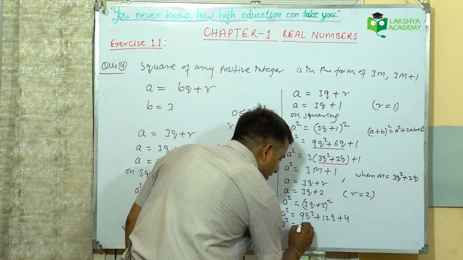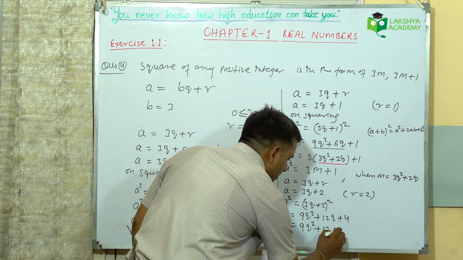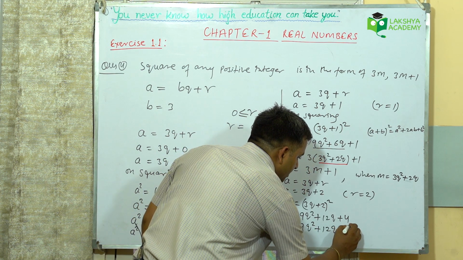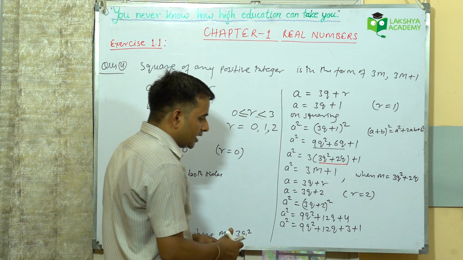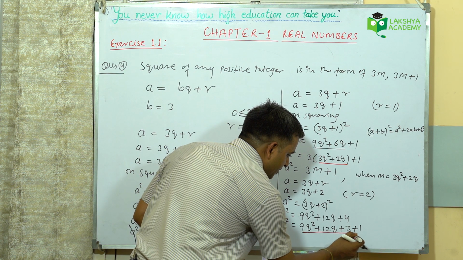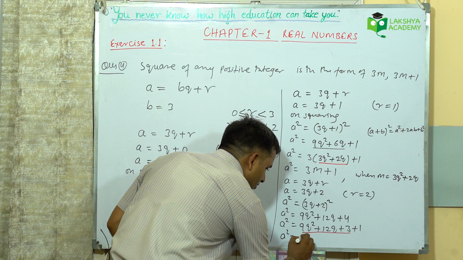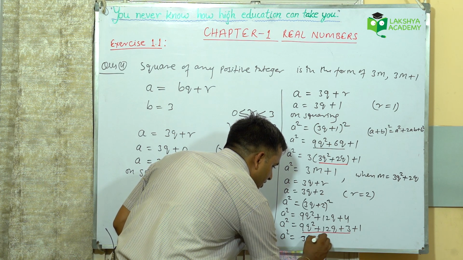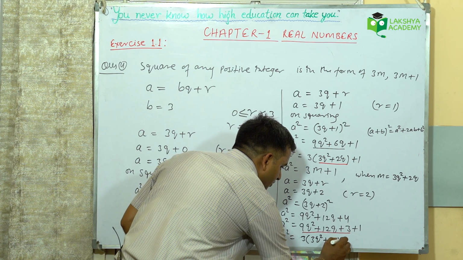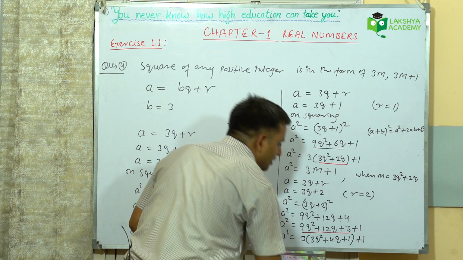We can write it as 9Q square plus 12Q plus 3 plus 1. We can take 3 common from this expression. So A square equals 3 times (3Q square plus 4Q plus 1) plus 1.